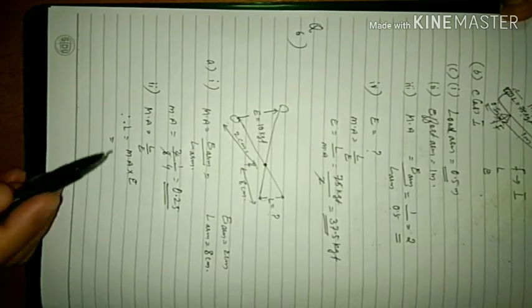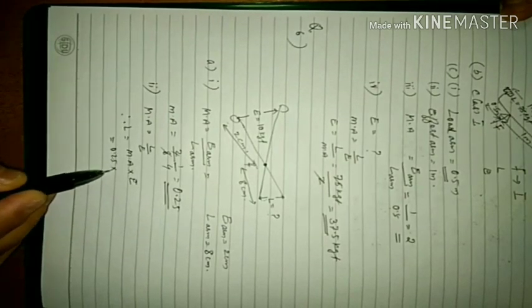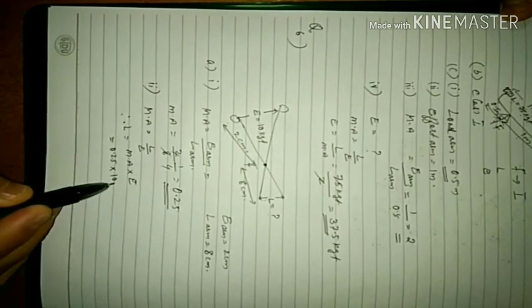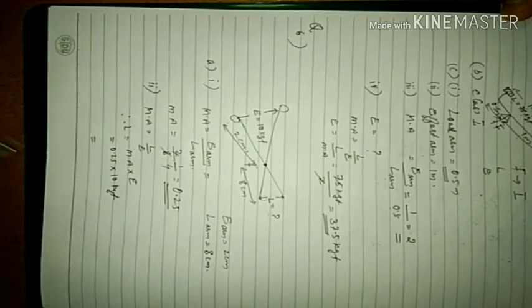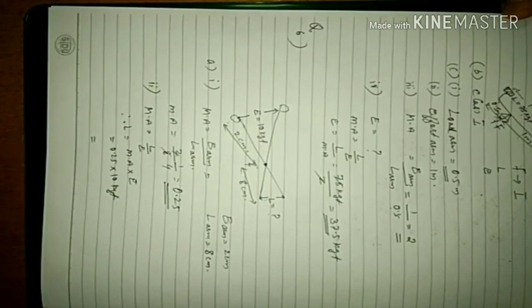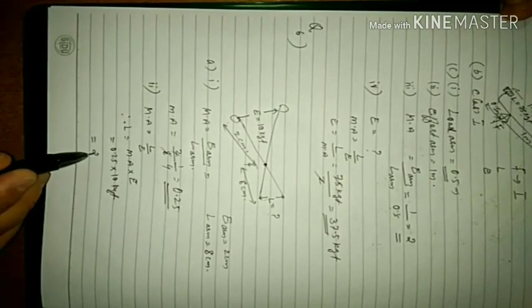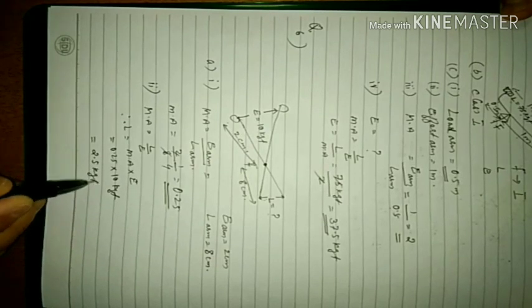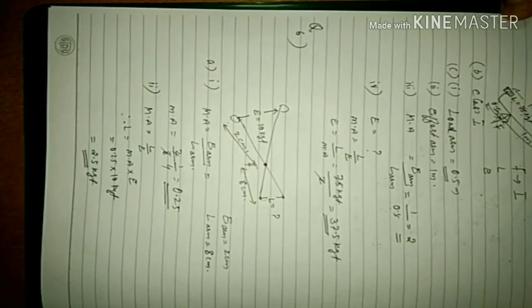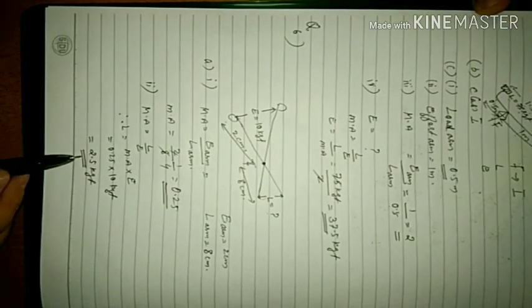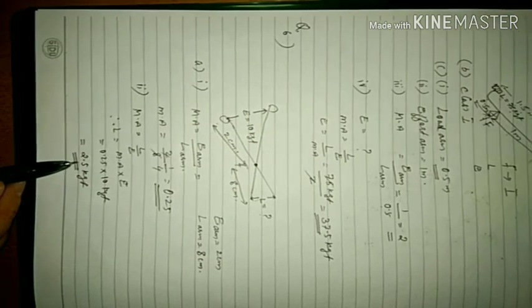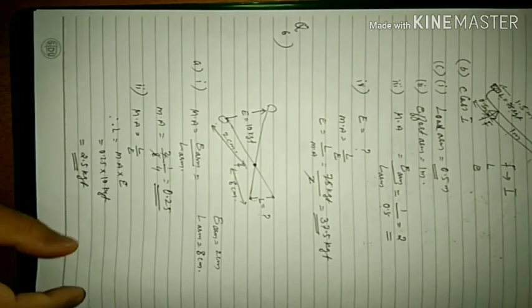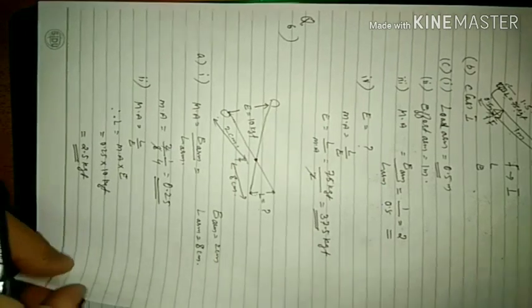That's equal to, mechanical advantage is 0.25 into effort is 10 kilogram force. 0.25 into 10, that is equal to 2.5 kilogram force. So this is the load. So we have calculated the magnitude of the load, right? Is it clear?